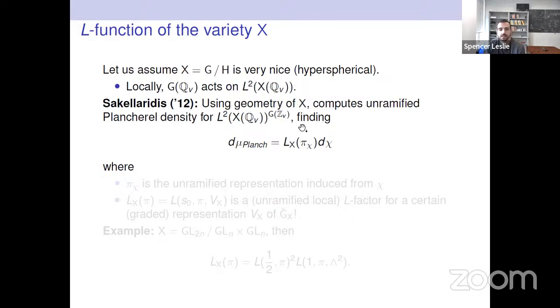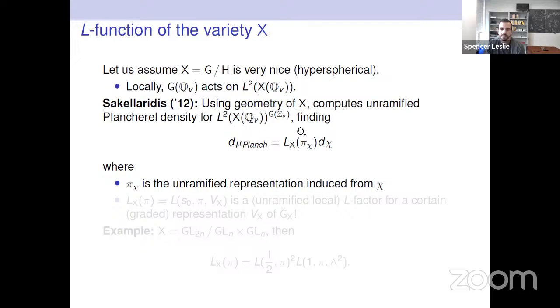And what he finds is that the Plancherel density, or the Plancherel measure, has this explicit density with respect to the natural measure on unramified representations. So here pi_chi is the unramified representation induced from chi, just via parabolic induction.